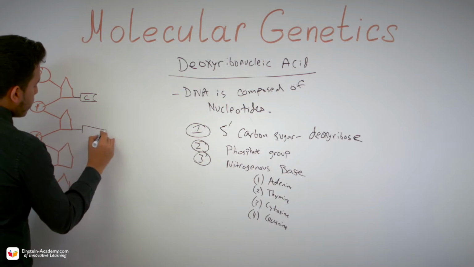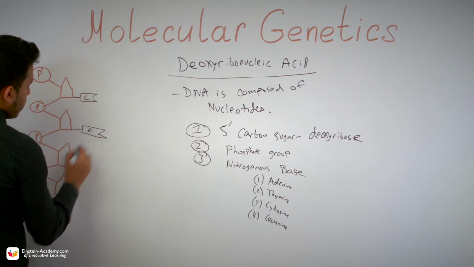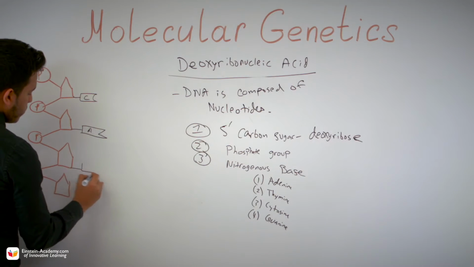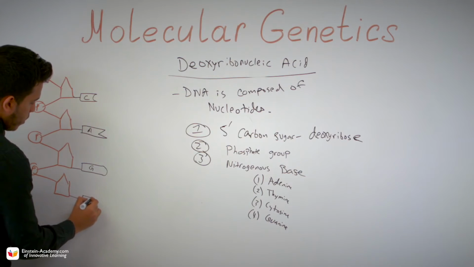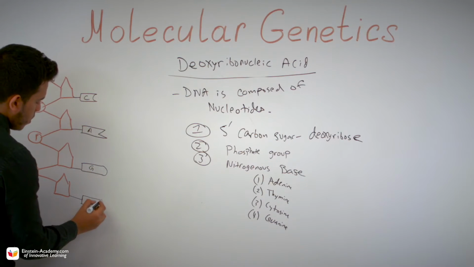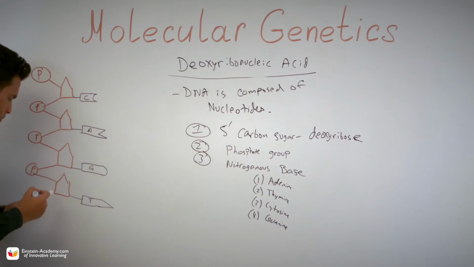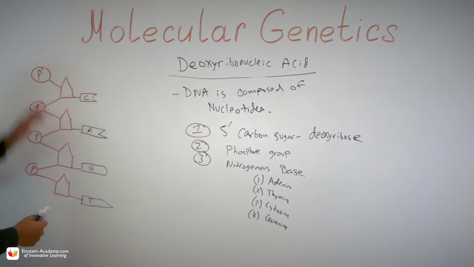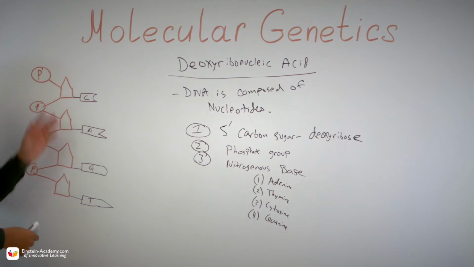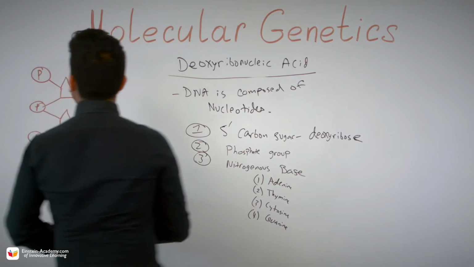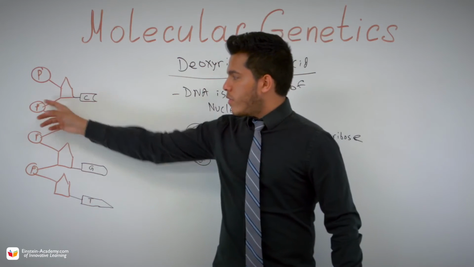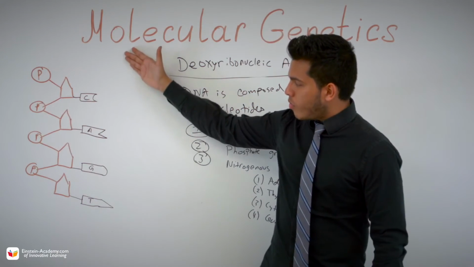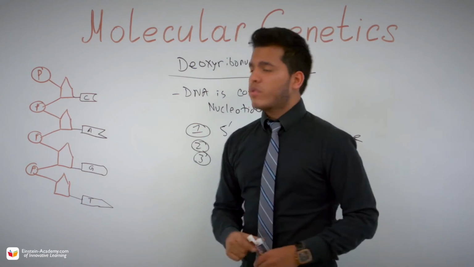Let's pretend this right here is A, this is G, and this is T. Here is a single strand of my DNA: 5-carbon sugar, phosphate group, nitrogenous base, phosphate group, 5-carbon sugar, nitrogenous base, and so on and so on. This is just a single strand, and now I'm going to label this strand.